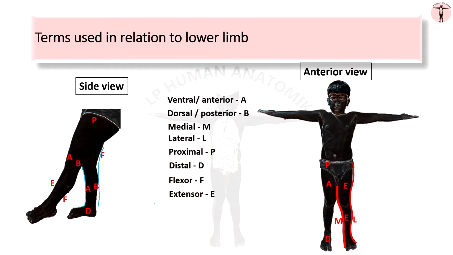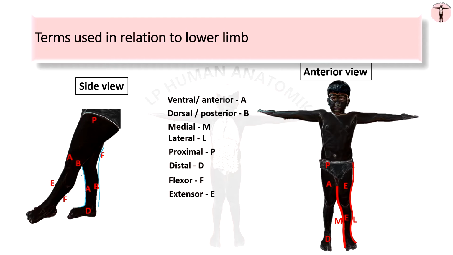If you recall, in the upper limb the flexor part was present towards the anterior part and the extensor part was directed towards the posterior aspect. But here it is opposite. The flexor part is present on the posterior aspect of the lower limb and the extensor part towards the anterior region.